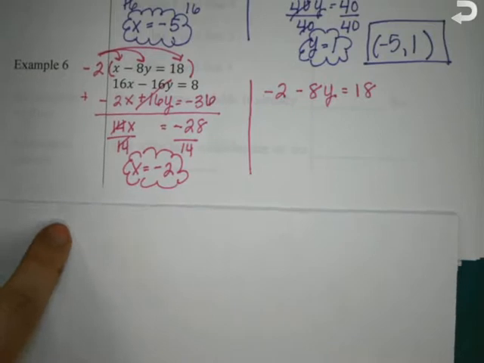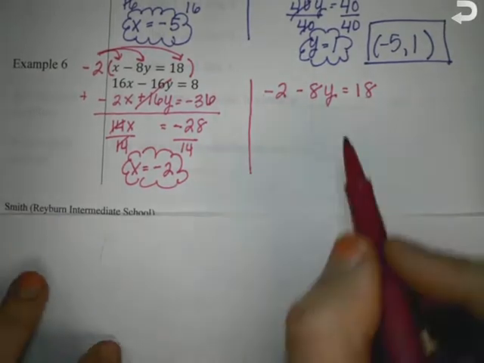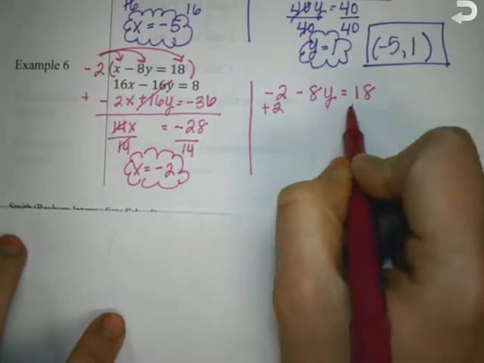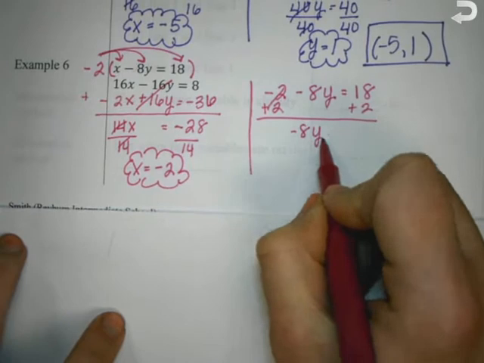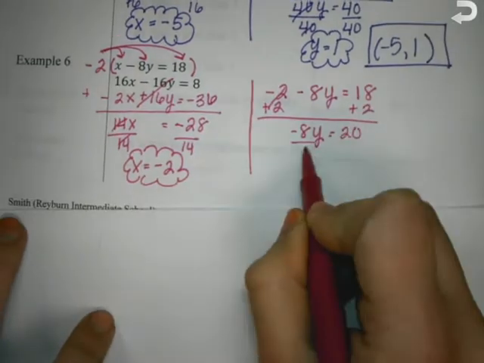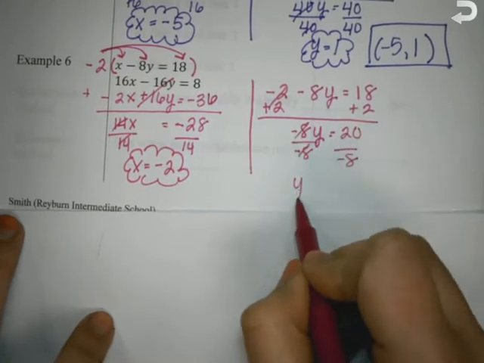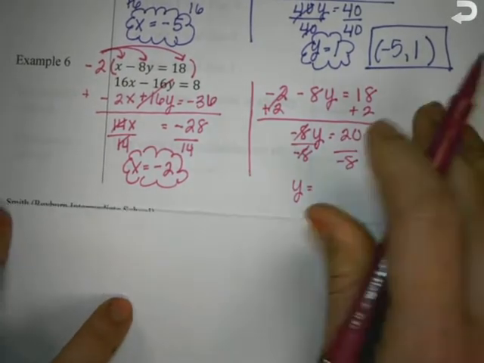So that gives me negative 8y equals 20. Divide both sides by negative 8. Y equals negative 5 over 2. So you can have a fraction, you just need to simplify it. So, Brandon, how would I write my answer?